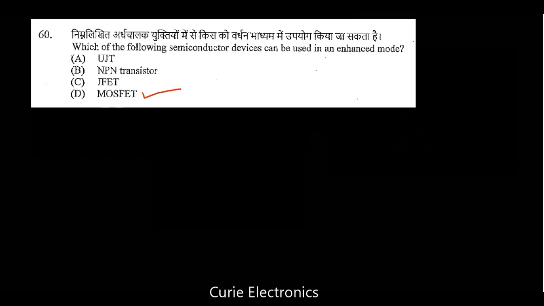And what is UJT? UJT is a unijunction transistor. Its symbol is like this, with base 1 and base 2, and the other one is the emitter. It has only one junction.